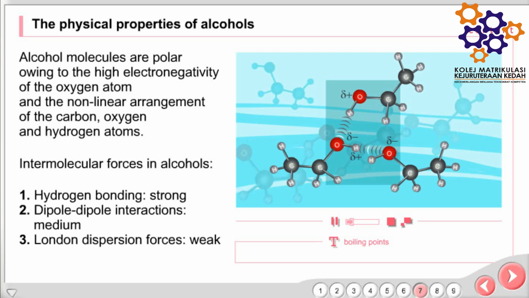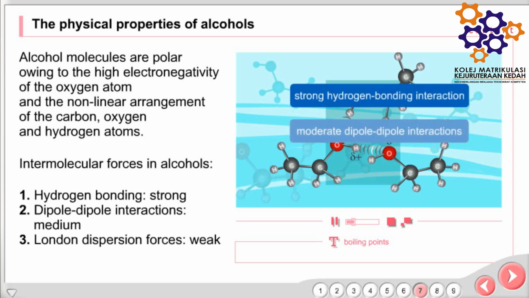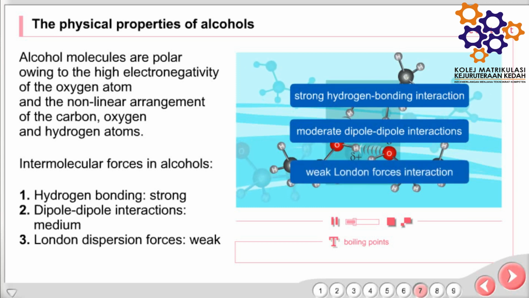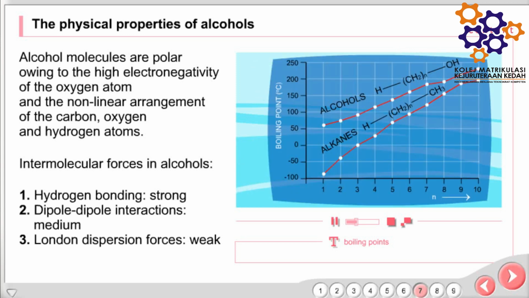For this reason, the intermolecular forces in alcohols are exceptionally strong, since they include strong hydrogen bonding interaction, moderate dipole-dipole interactions, and weak London forces interaction. As a result, the boiling points of alcohols are much higher than the boiling points of alkanes of comparable molar mass. Even the simplest alcohols are liquids at room temperature.